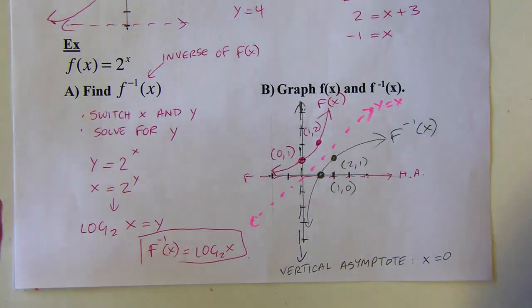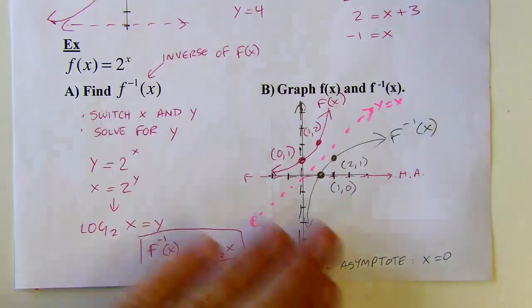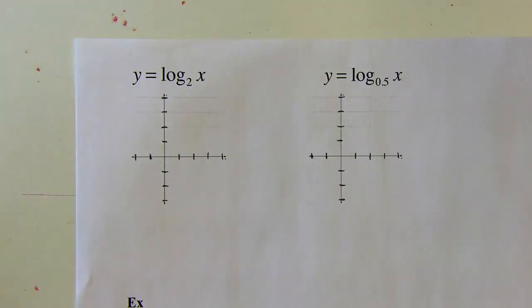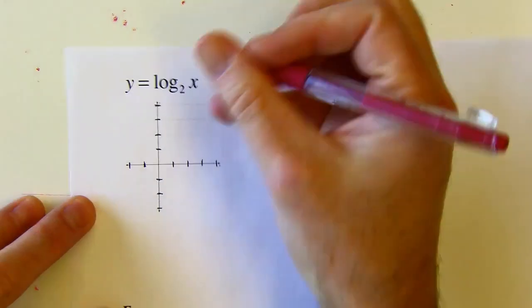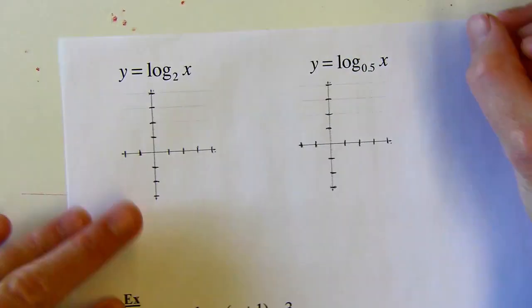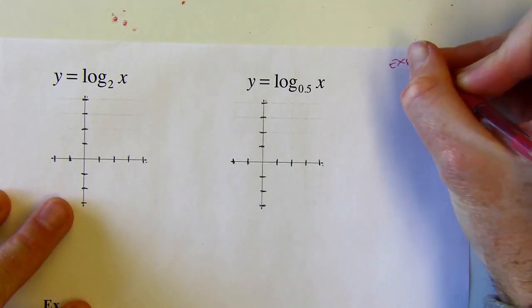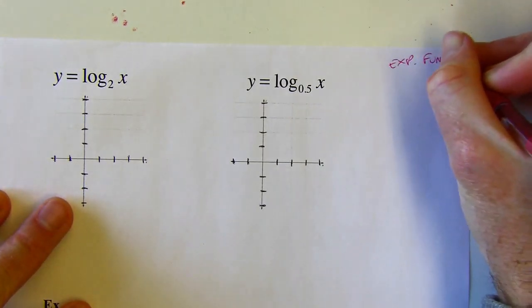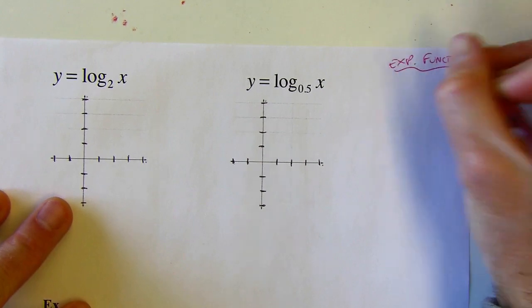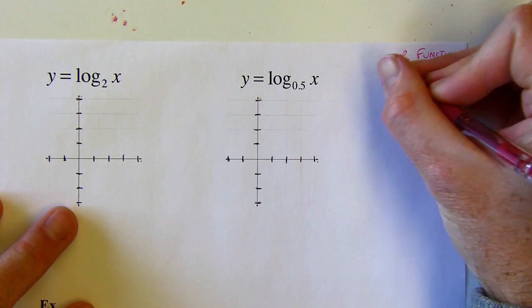Okay, and on to the last page here. So yeah, we're going to use this idea to graph some log functions. Okay, so log functions always will have vertical asymptotes. So here, exponential functions, I'm going to just put this in the corner here, are going to have horizontal asymptotes.